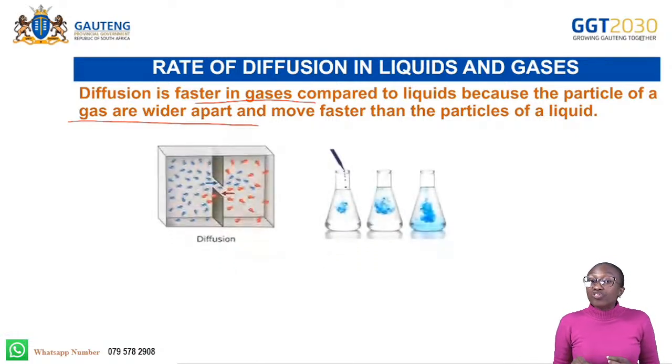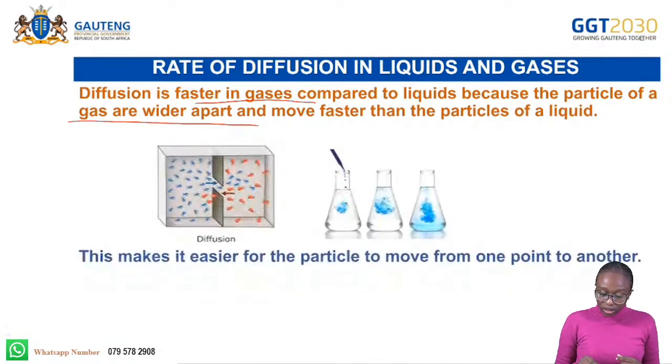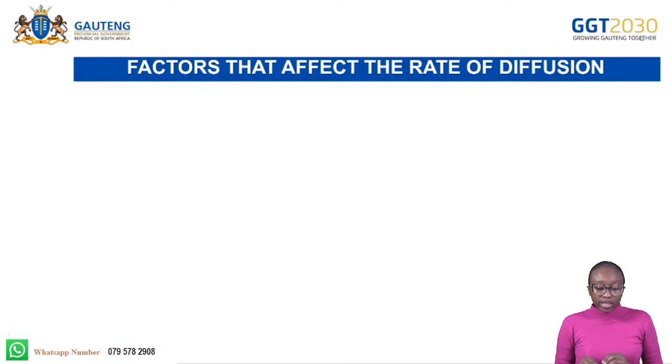That's why diffusion in gases is faster than the rate of diffusion in liquids. So this makes it easier for particles of a gas to move from one point to another because of, one, the way they are arranged and the fact that they are in constant random motion and they move much faster than particles of a liquid.